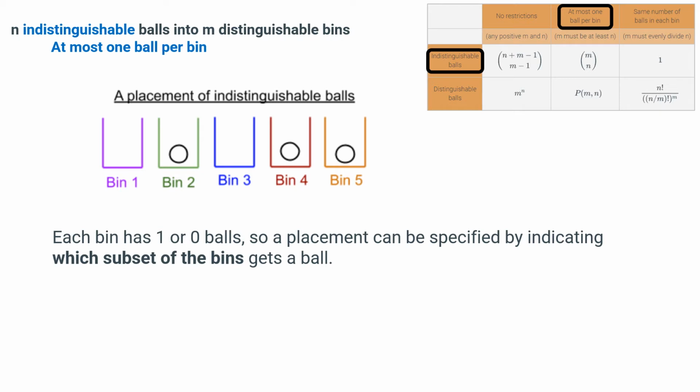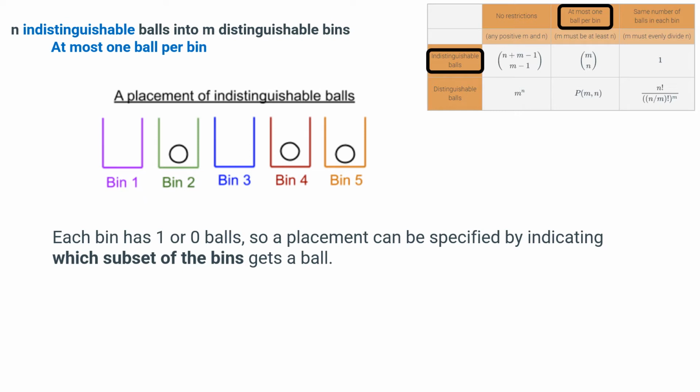Each bin is either going to have 1 or 0 balls. So when we do a specific placement, we could look at this as indicating which subset of the bins get a ball. For instance, in this picture there are 5 bins, and I've chosen 2, 4, and 5 to be the ones where I put those balls.